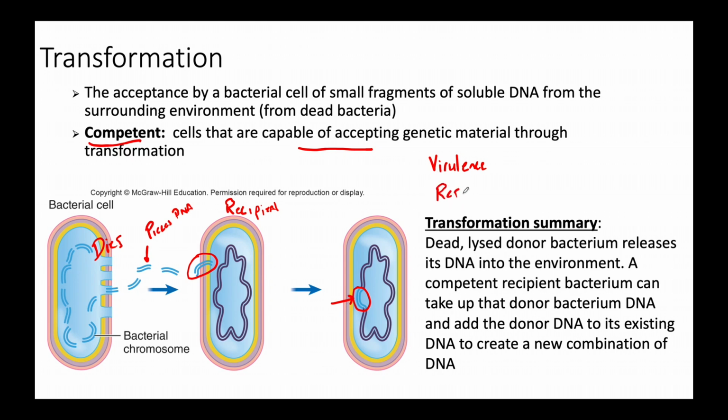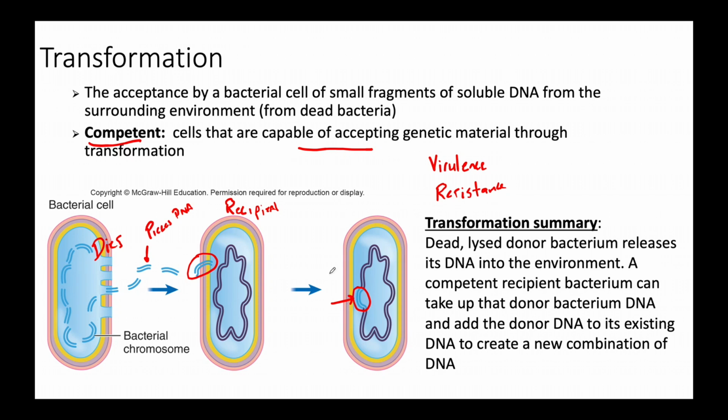Another term we've seen is resistance genes, which is about antibiotic resistance. Those traits are obviously of great interest in medicine because it explains how virulence genes and resistance genes can spread through at least this mechanism called transformation.